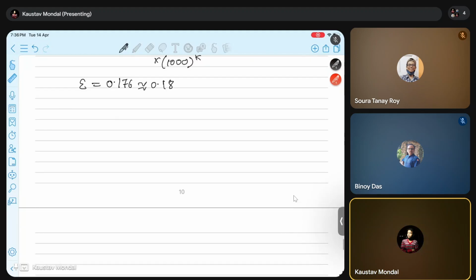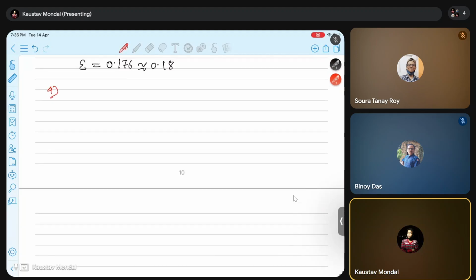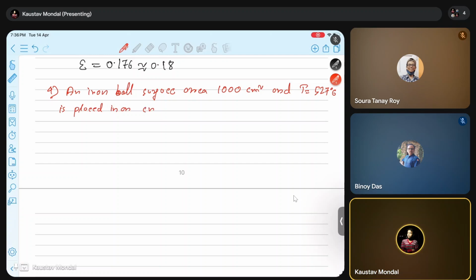Next is question 4. An iron ball of surface area 1000 centimeters square and temperature equal to 527 degrees centigrade is placed in an enclosure at 27 degrees centigrade.